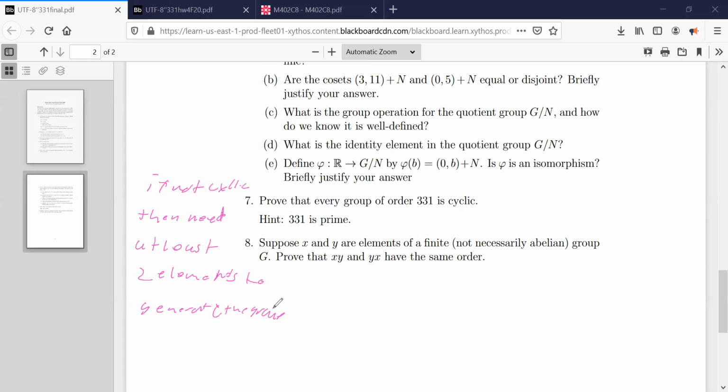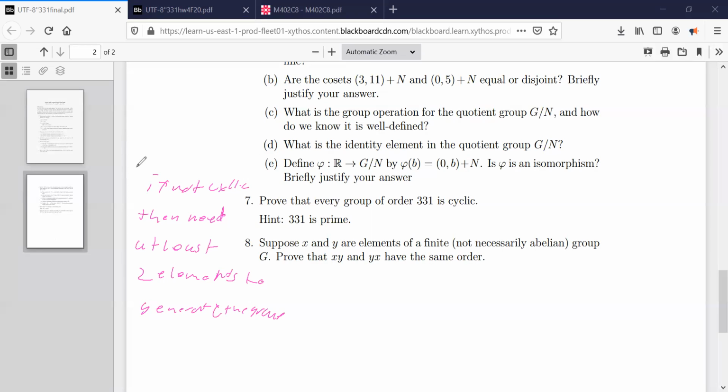Well, first off, if I were to just apply them to themselves a bunch of times, that would form a subgroup, right? Yeah. So what do I know about the order of subgroups? Sorry, I'm blanking on this.